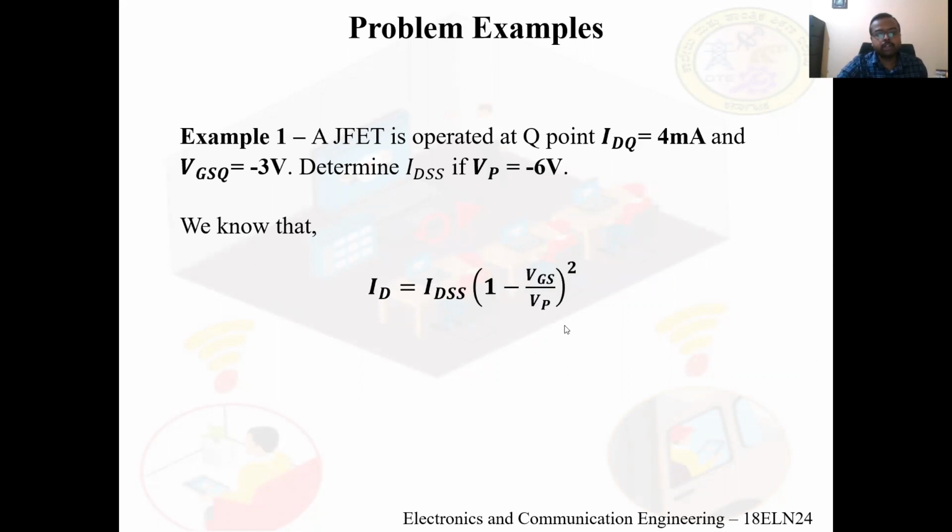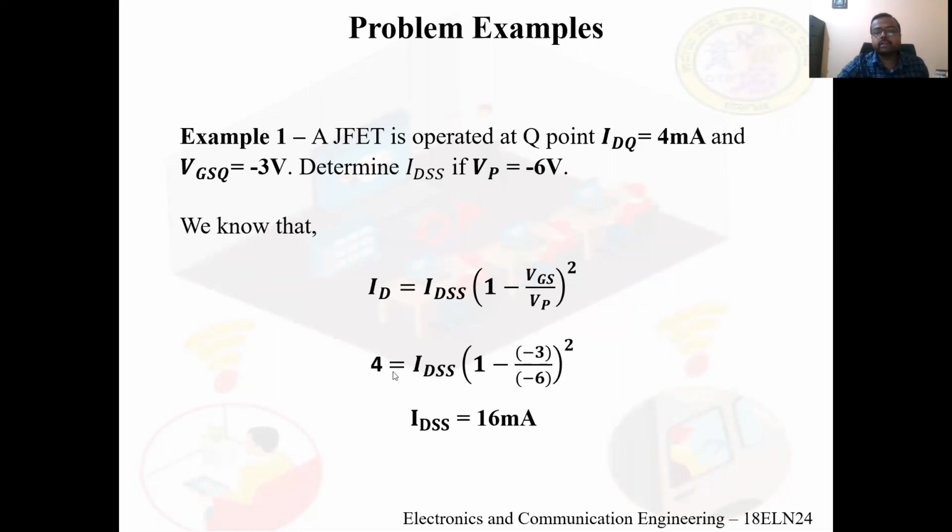First, write the Shockley's equation. Now substitute for IDQ, VGSQ, and VP, and the only unknown parameter we have is IDSS. VGS is minus 3 and VP is minus 6, so this will be 1 by 2. 1 minus 0.5, so that 0.5 whole square.